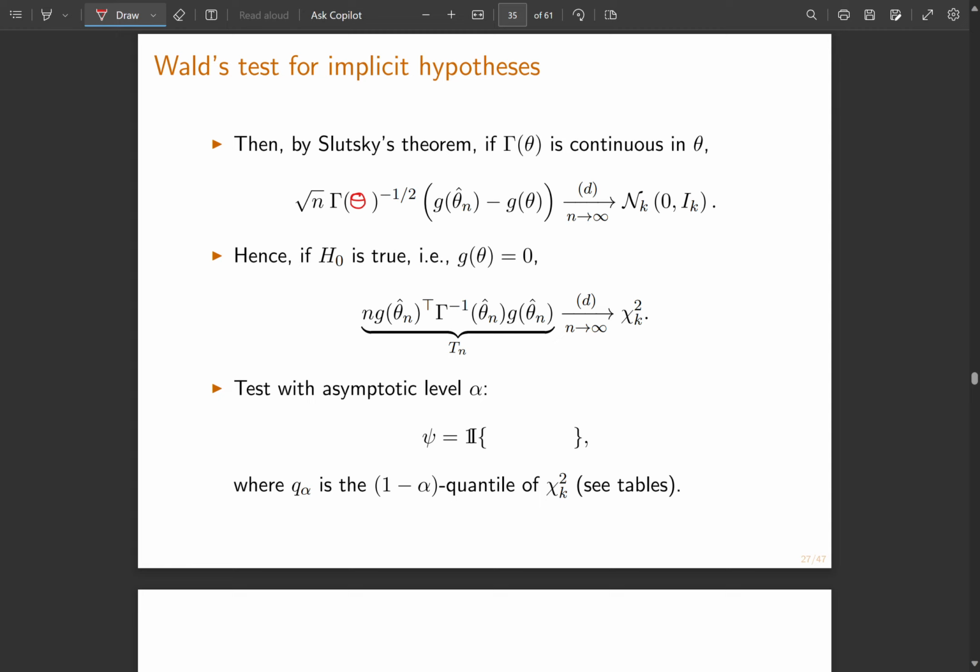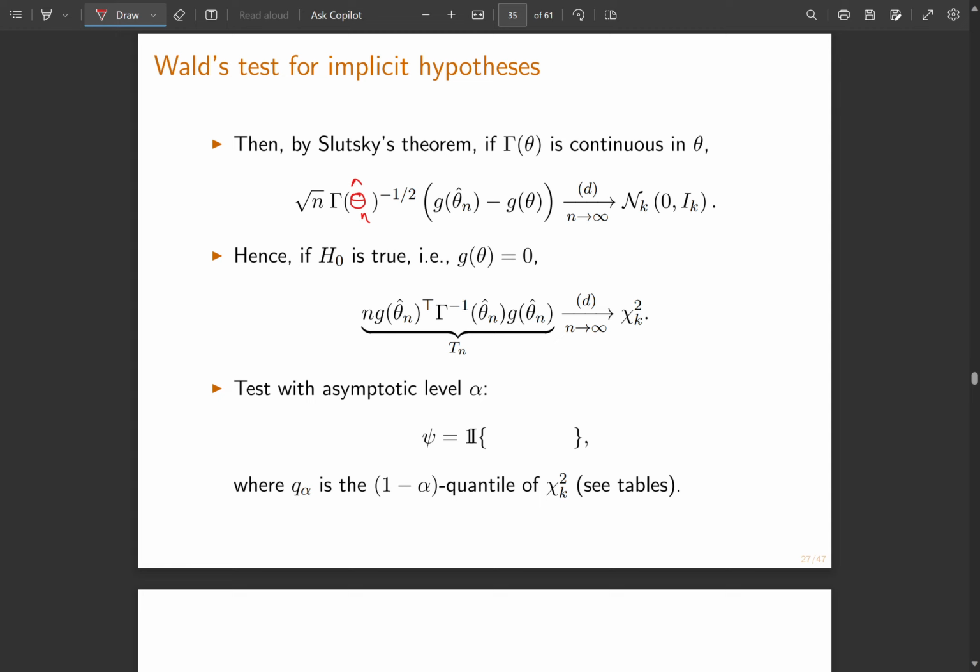Therefore, as an estimator, we'll use theta hat, which allows us to write this expression such that gamma of theta hat scaled by square root of n multiplied by g of theta hat minus g of theta is asymptotically standard normal.